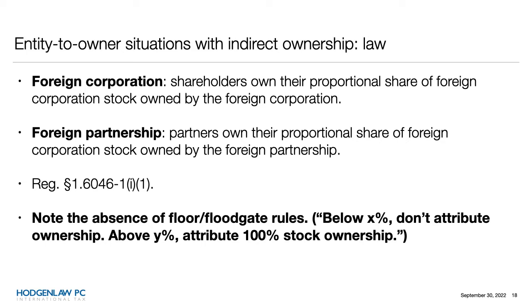And the rule is simply you just do the proportional, you do the math, and you own indirectly the stock of the lower tier corporation, according to your ownership of the upper tier entity.